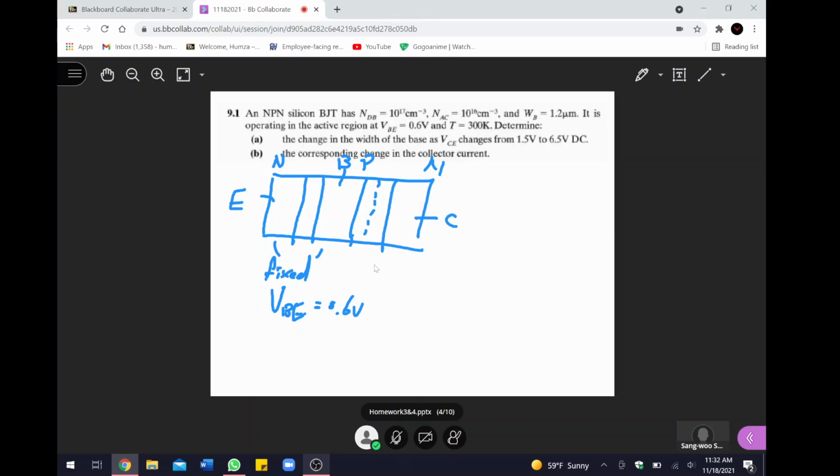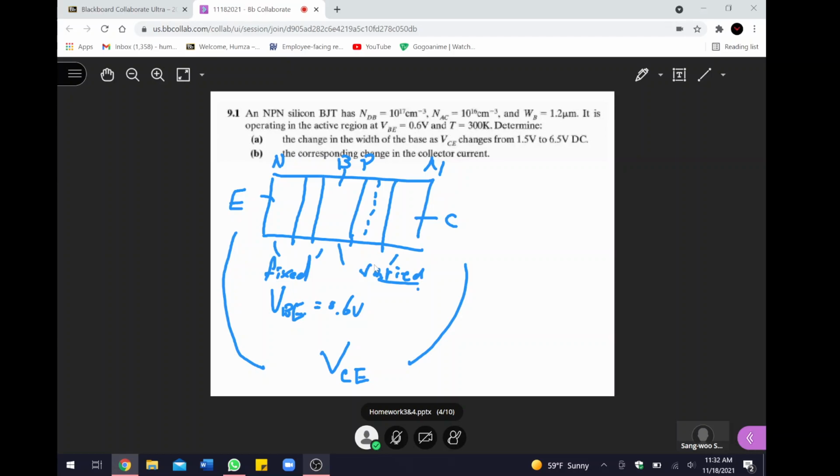Now, the collector and base voltage is going to be changed. It will be varied because we change the voltage between the collector and emitter.